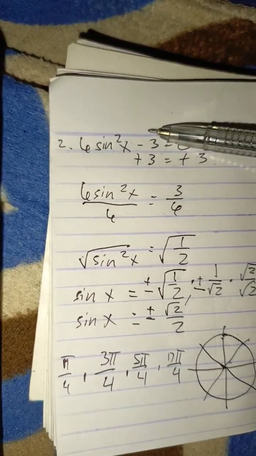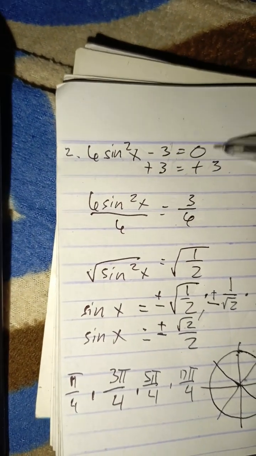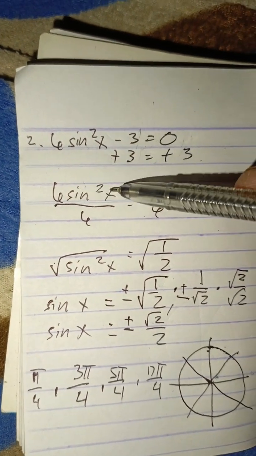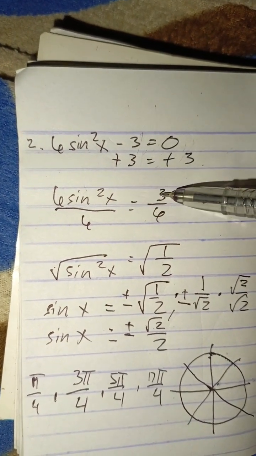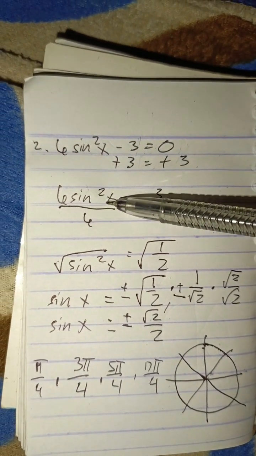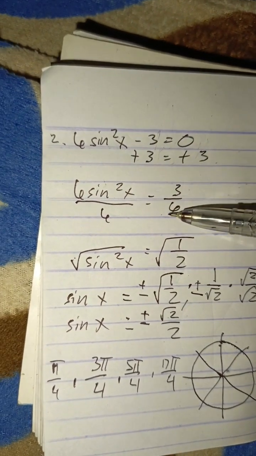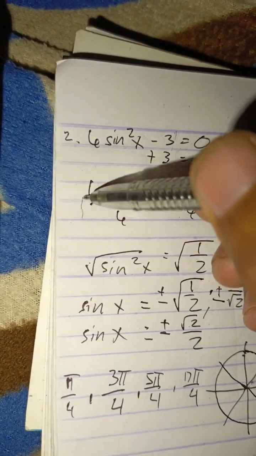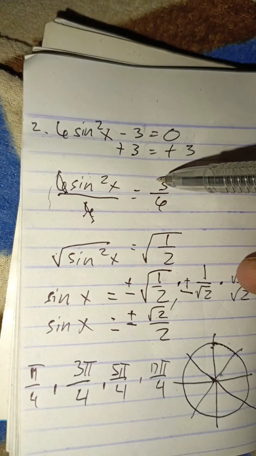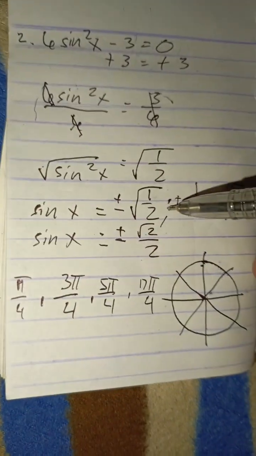Now this will cancel out, and now we're going to have 6 sine x equals 3. Now we're going to divide both sides by 6, and it will cancel out the 6, and 3 over 6 will be reduced to 1/2.